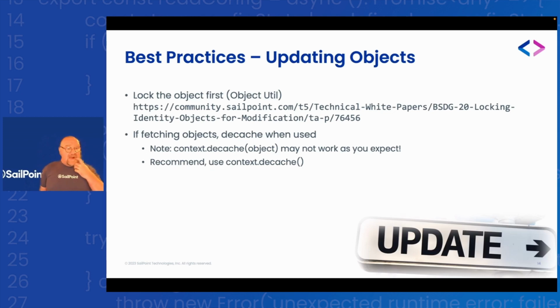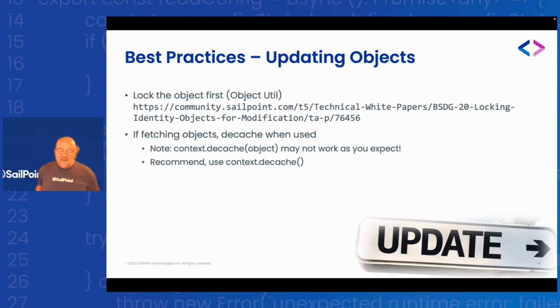So, best practices when updating an object. First of all, lock the object. You should always lock the object before you update it, otherwise it ends up with weird, strange problems. But you do need to test exactly where you're doing this. I'll get to the dcache in a second.